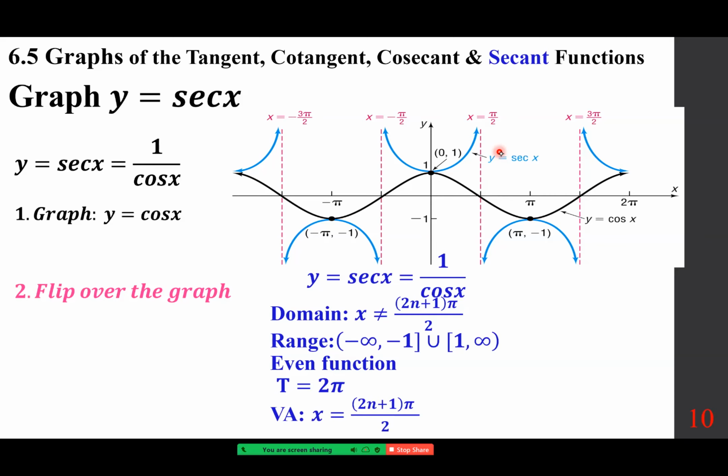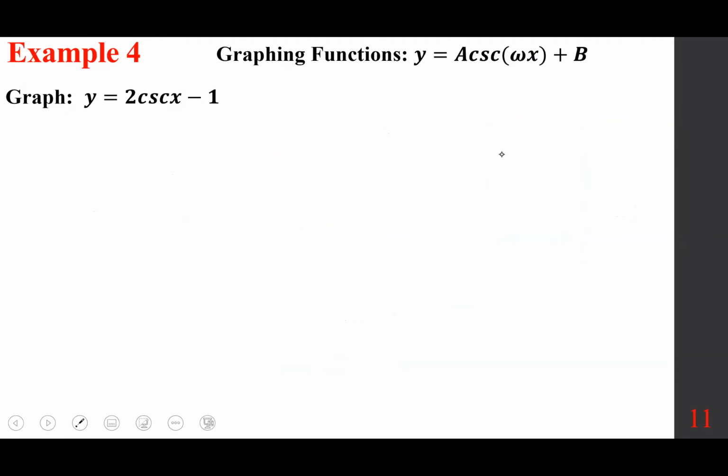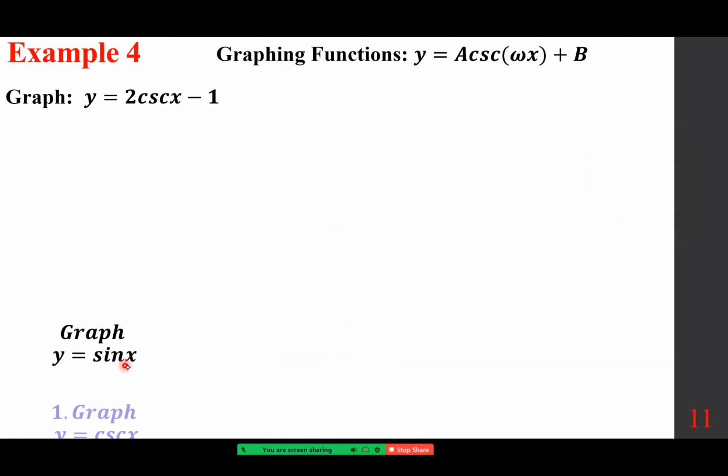Let's look at a couple of quick examples. So we want to graph this, and we look at the process: 2 cosecant x minus 1. We're going to graph sine x, and then we graph cosecant x.